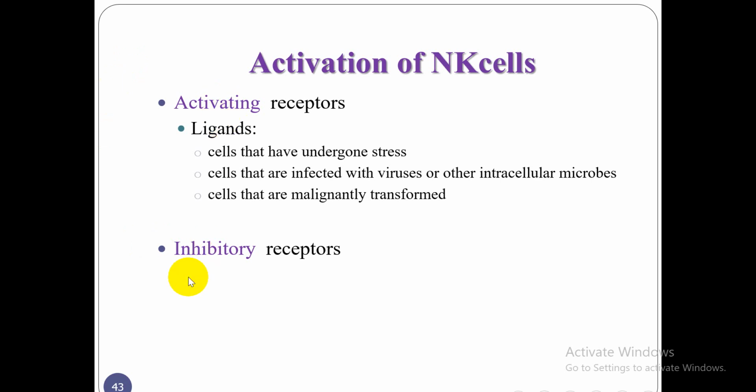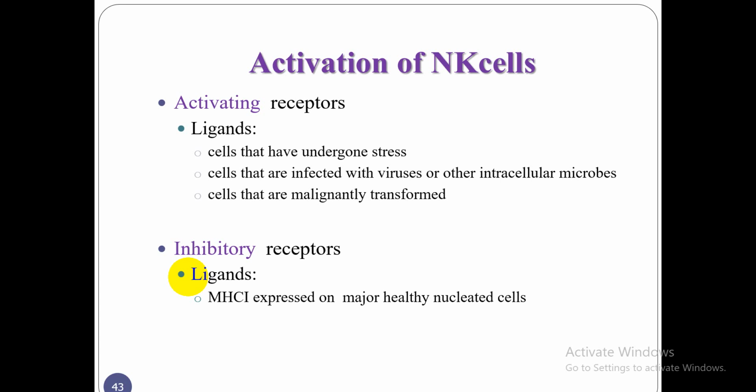The other receptors on the surface of the NK cells are inhibitory receptors, and the ligands of these inhibitory receptors are MHC class I molecules, and you know that these MHC class I molecules are expressed on the majority of healthy nucleated cells.